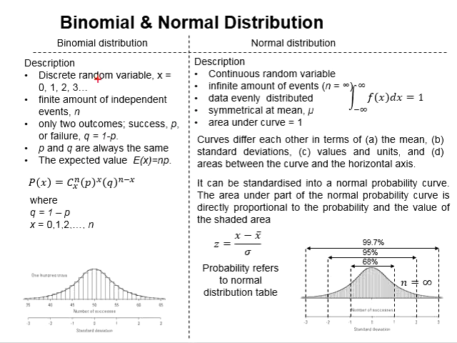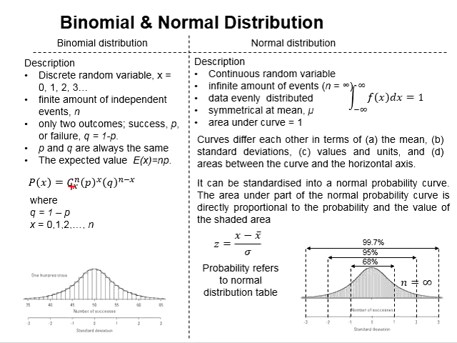And the expected value for the binomial distribution can be determined by multiplying the number of events with the successful probability. The equation for the binomial distribution is given here.